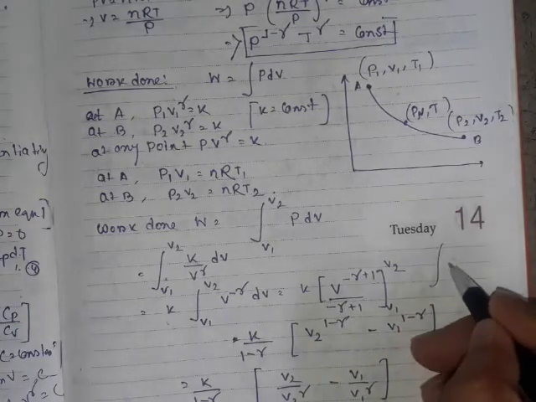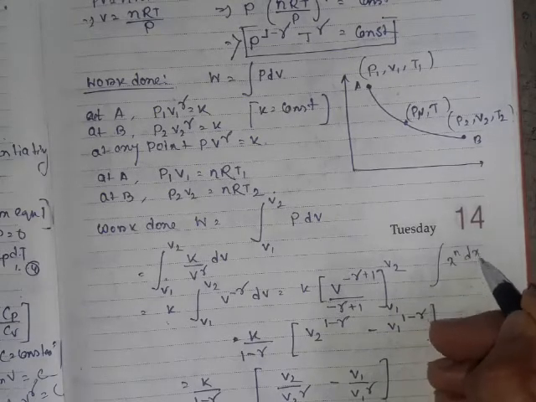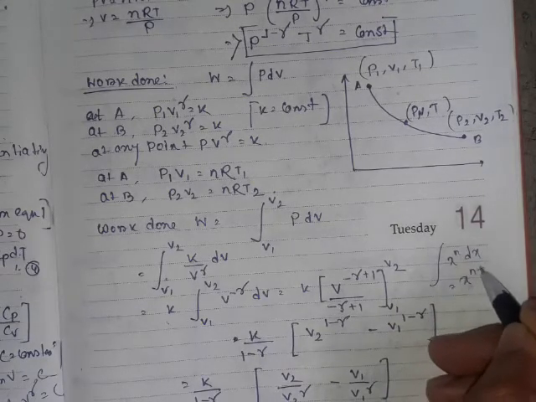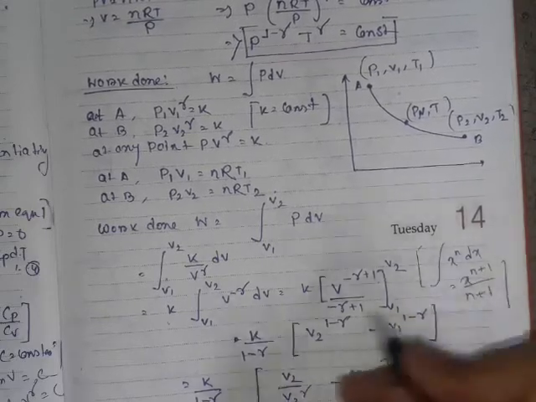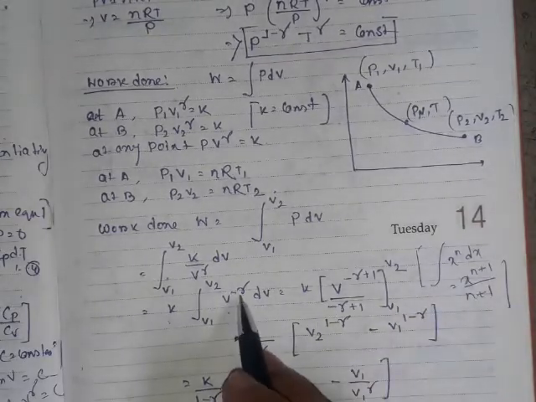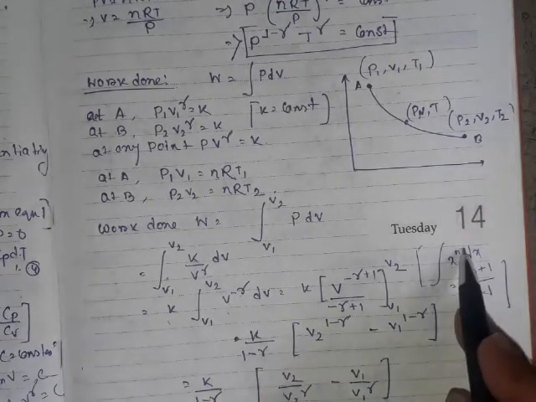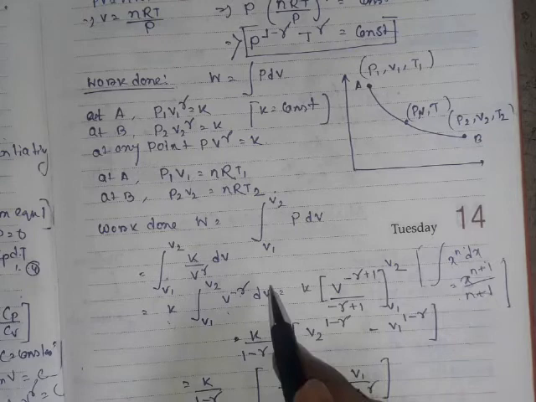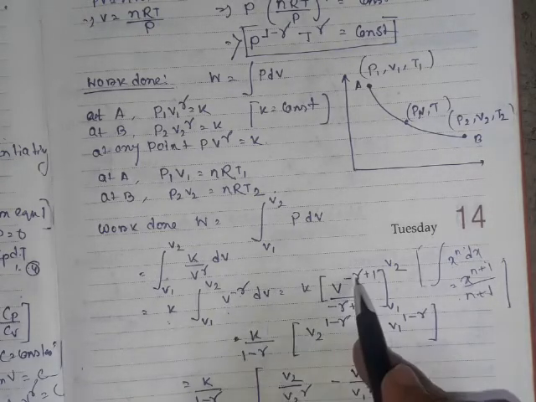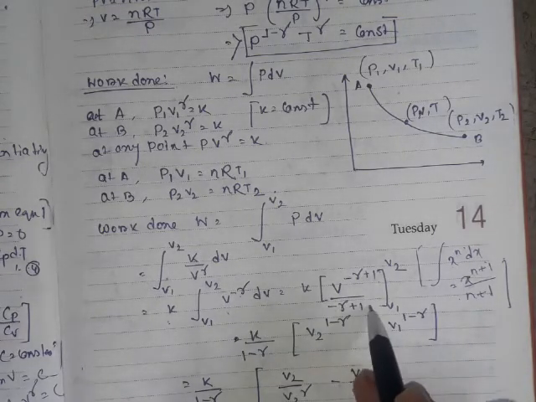Since the integration of x to the power n dx equals x to the power n plus 1 by n plus 1, comparing with the equation, here it is V to the power minus gamma, so you will get V to the power minus gamma plus 1 by minus gamma plus 1.